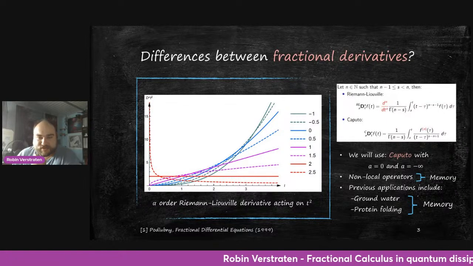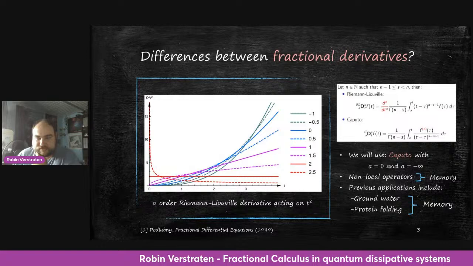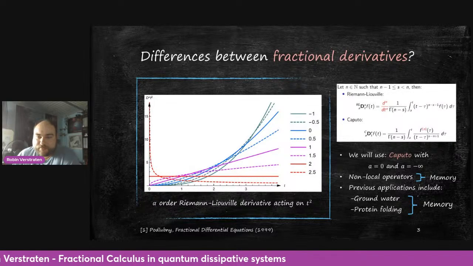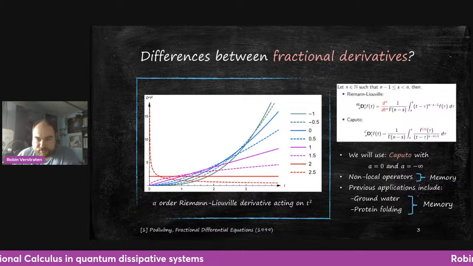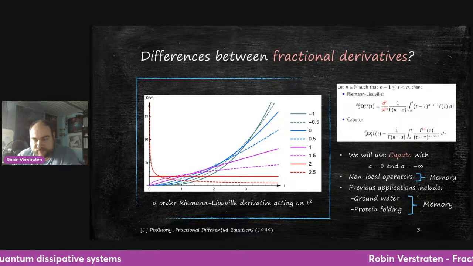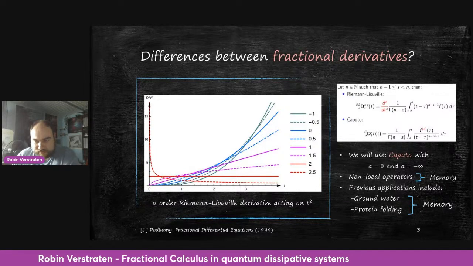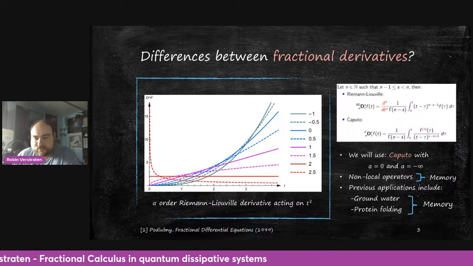So in this case, this is for the Riemann-Liouville derivative, as you can see in the top right here. But we could interchange this order of the integer derivative, and we find the Caputo derivative. And if we do so, then this 2.5 derivative will suddenly be zero because of the third order derivative.